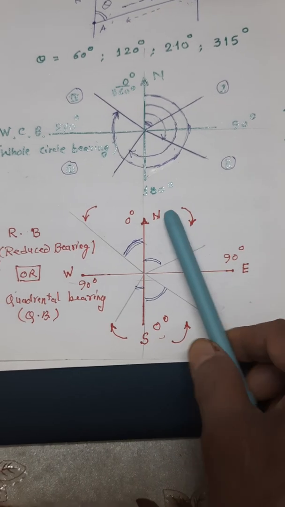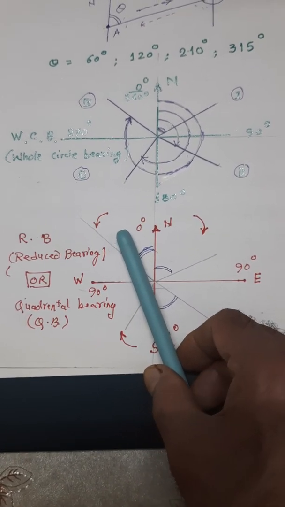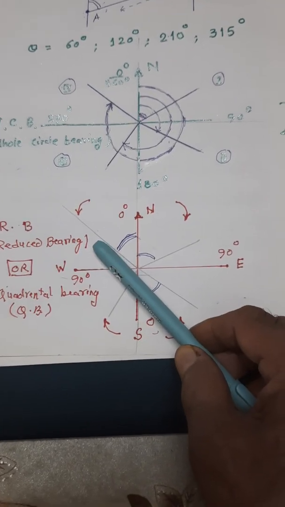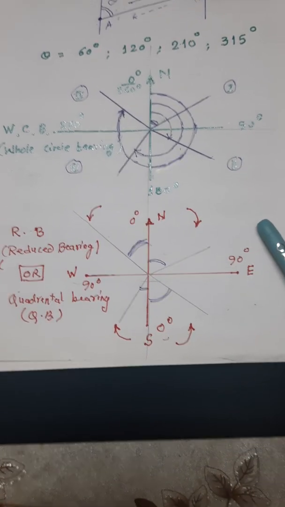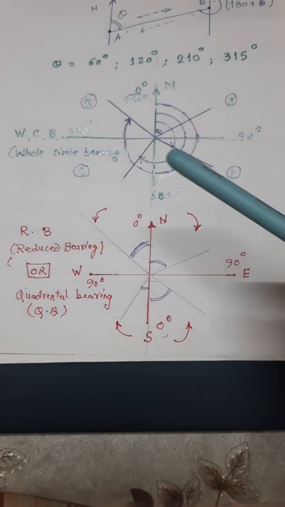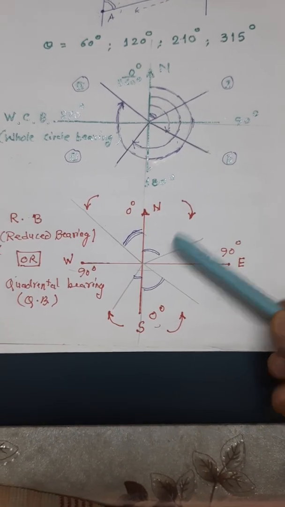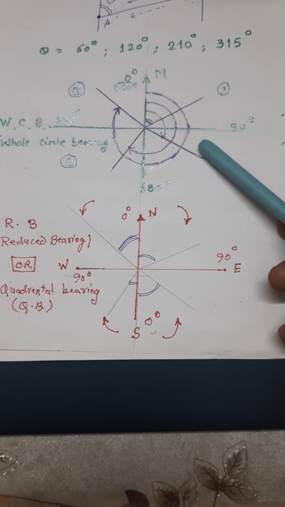So here again, this is given as this much, so it can be converted as 360 minus this will give this whole angle. So you must be well conversant with how to convert whole circle bearing to reduced bearing or reduced bearing to whole circle bearing.